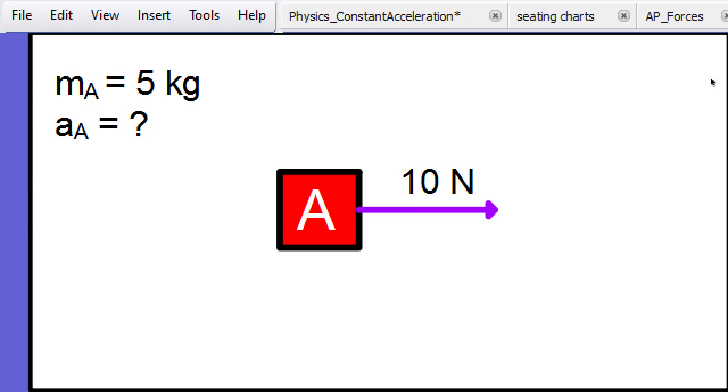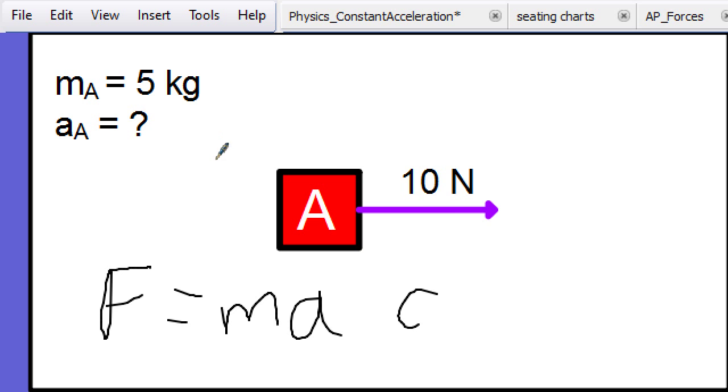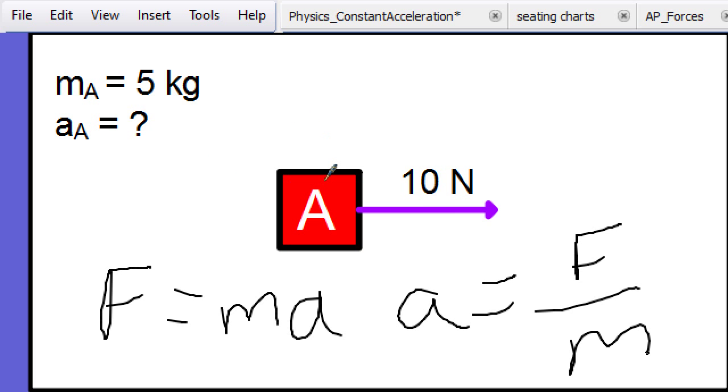So if we have block A here, mass 5 kilograms, and it feels a force of 10 newtons to the right, what is acceleration? This shouldn't be much of a deal for you guys. We know that F equals M times A, or, if you prefer, A equals F over M. So this is going to be 10 newtons over 5 kilograms.